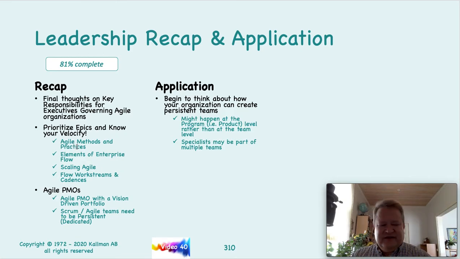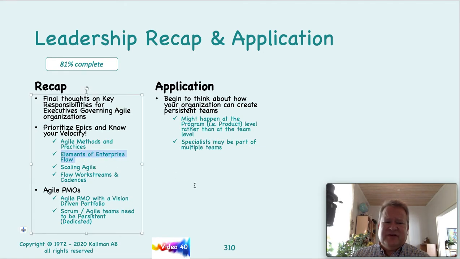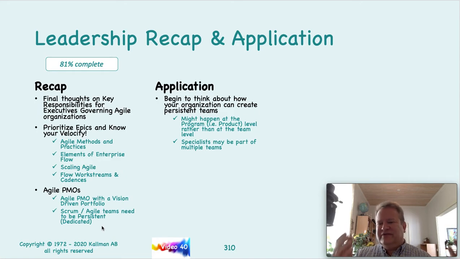Now, the executives aren't going to be experts in knowing down at the team level what's best for which team, but everybody in between better know. And so we went through the elements of enterprise flow and scaling Agile, workflow cadences, some things for the Agile PMOs. And again, we're only scratching the surface here. I mean, this is still a lot of information to absorb and digest, and we've only scratched the surface.